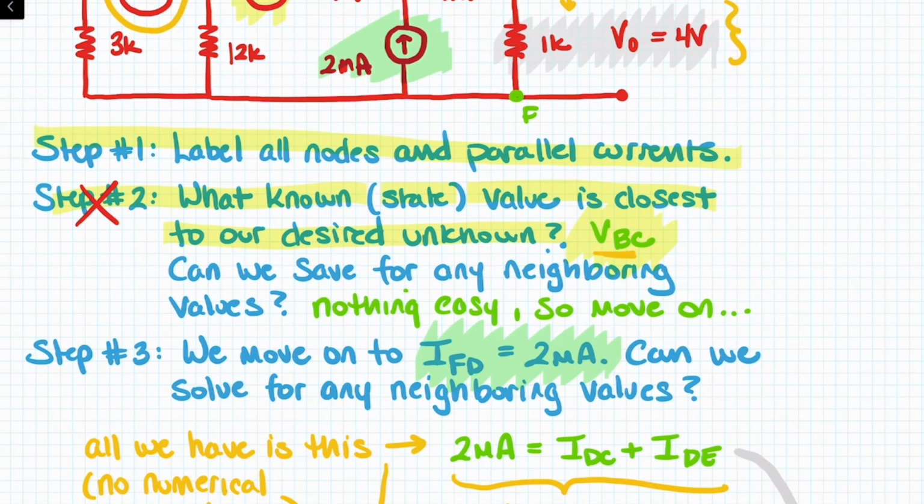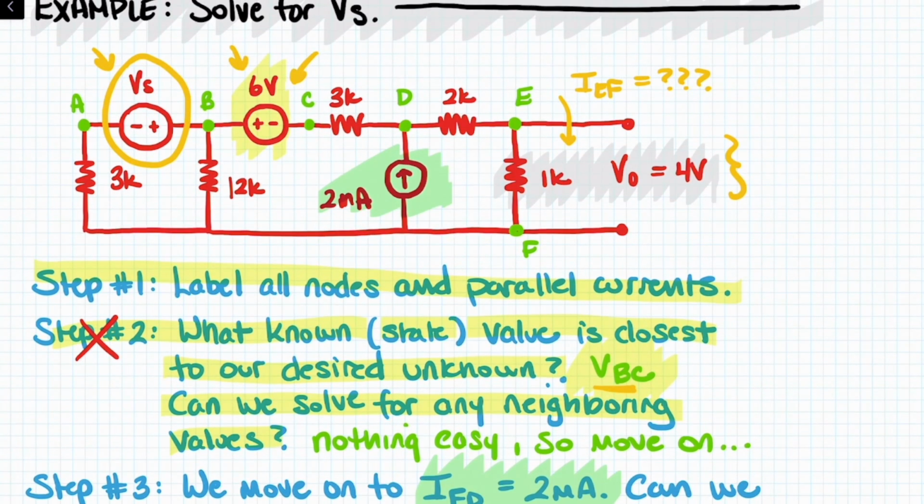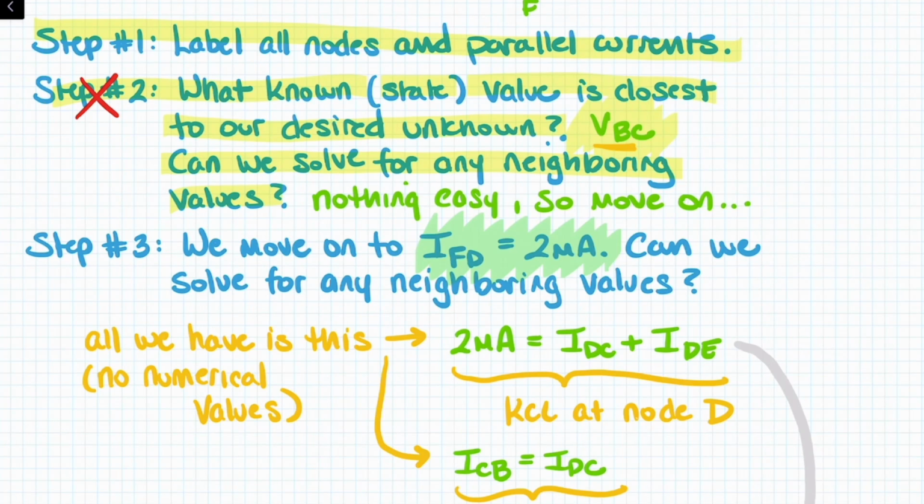Can we solve, sorry, that's not save, that should be solve. Can we solve for any neighboring values? In other words, can we use that VBC in order to solve for the value next to it? There's really not any practical way of using that piece of information by itself. So, hence why I put nothing easy.